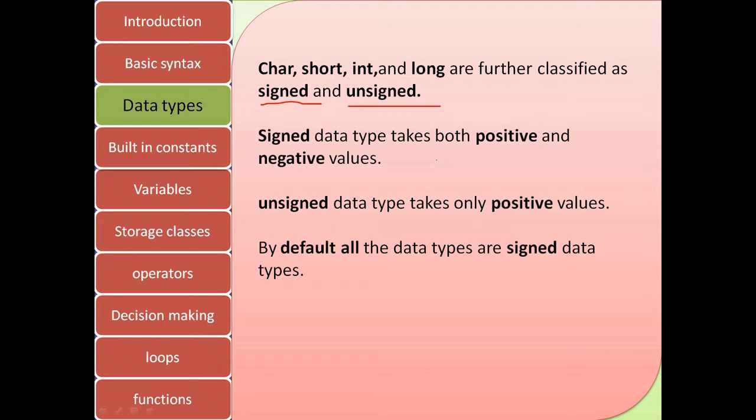Signed data types take positive and negative values, whereas unsigned data type only takes positive values. By default, all the data types are signed data types, that is, they take both positive and negative values.